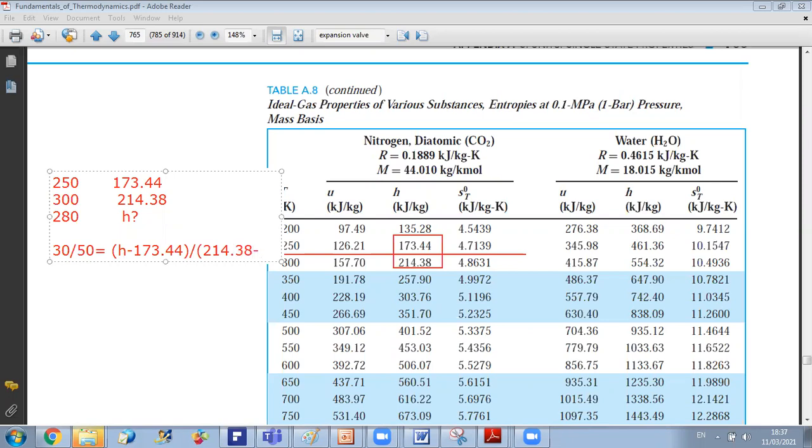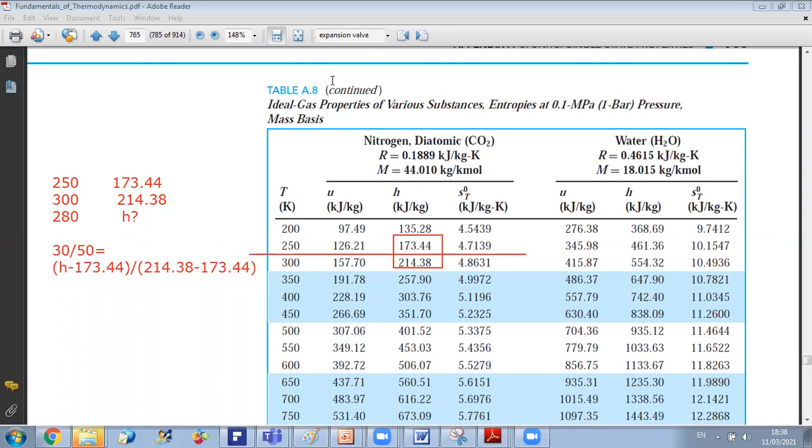Always at the end, verify your calculation: the value is close to the middle, but it will be closer to 300 than 250. Then you can get the value of H. This is for a temperature of 280.